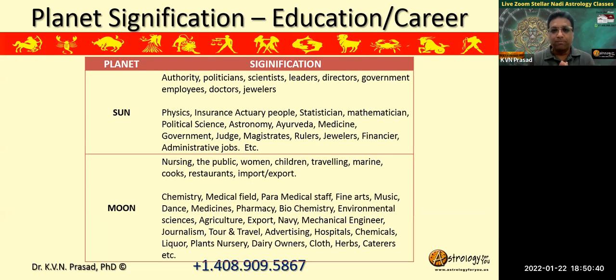When it comes to moon, please remember, moon is the queen, right? Sun is king, moon is queen. So queen, mother, again, moon also represents traveling, water, liquid. Anything liquid is moon. Anything related to food is moon. Traveling, moon. So import, export, children related also, marine, cooking, because that is also food, right?